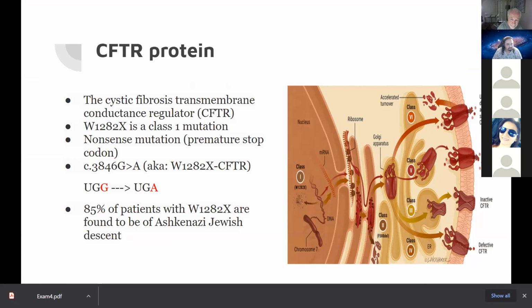CFTR is the cystic fibrosis transmembrane conductance regulator, which is responsible for the disease of cystic fibrosis. It's a membrane protein that functions as a transport channel for chloride ions in epithelial cells around the body.